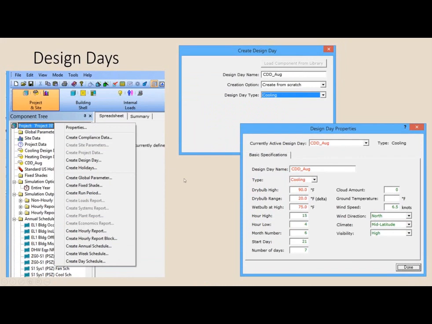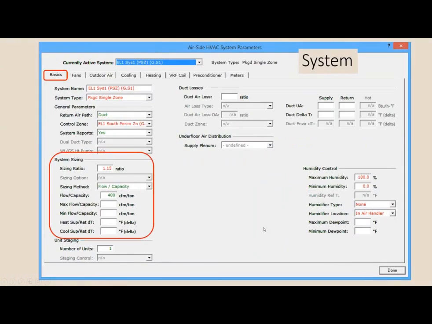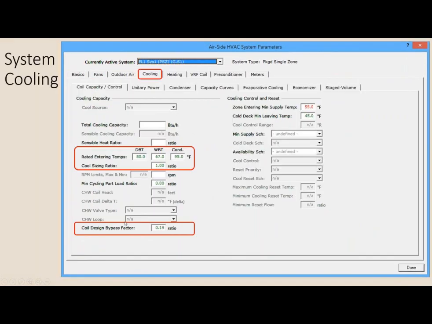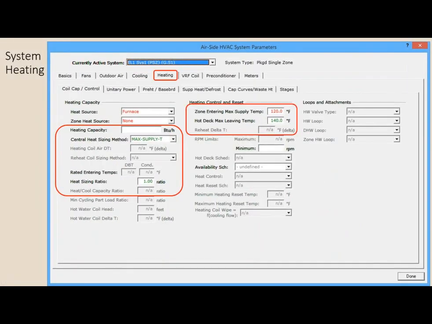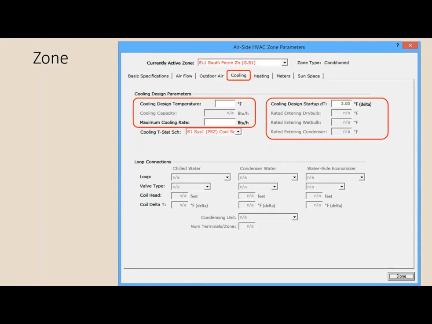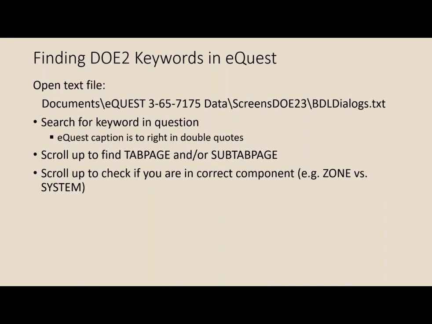Here's the interface for entering design day values for the design day weather. System sizing related values are identified here: general information, cooling related information, and heating related information, and zone cooling related information.